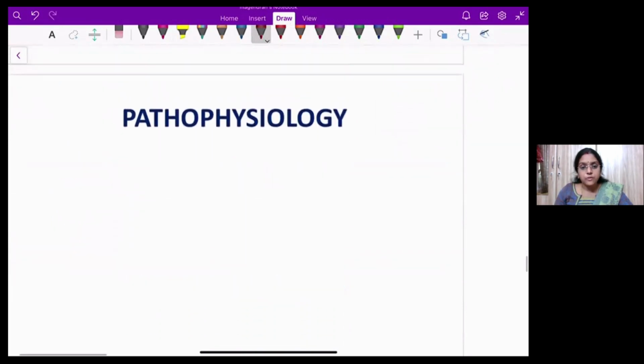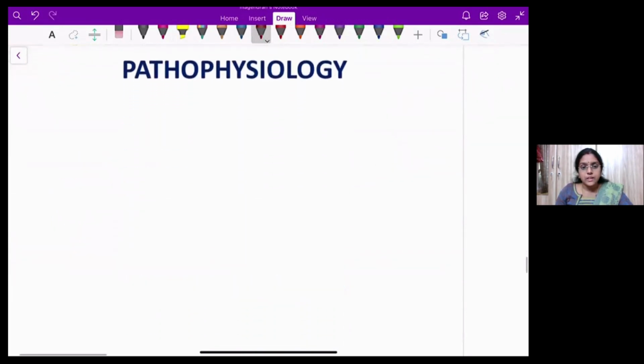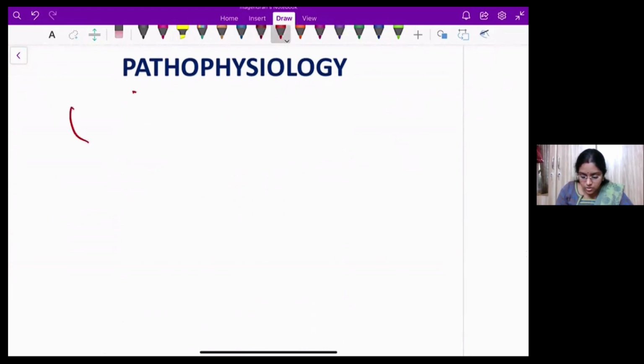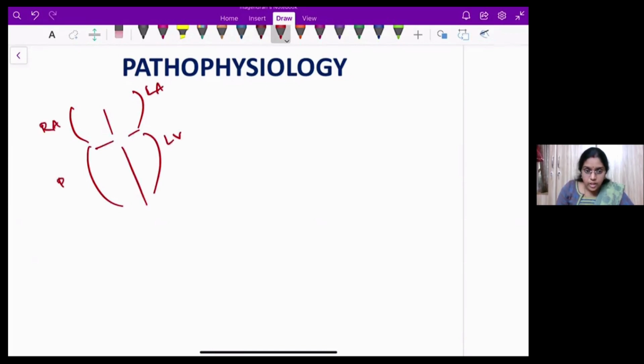So moving on to the pathophysiology. How does this mitral regurgitation actually produce symptoms? What happens in mitral regurgitation? We'll just draw the heart again. So we have the left atrium, left ventricle, right atrium, and the right ventricle. We have the tricuspid valve and the mitral valve. Then from here we have the aorta.